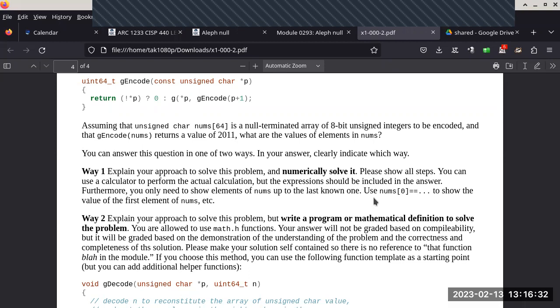All right. So now, how do we answer this question? What is the one essential thing that you absolutely need in order to answer this question? Just from the name of gencode and gdcode, what do you think you will need? Tell me something about G. What does G do? It calculates.